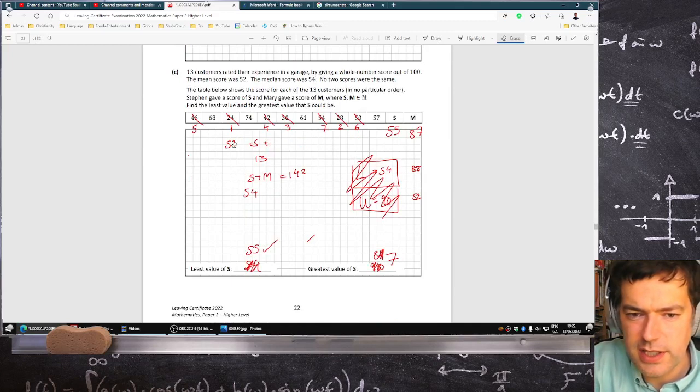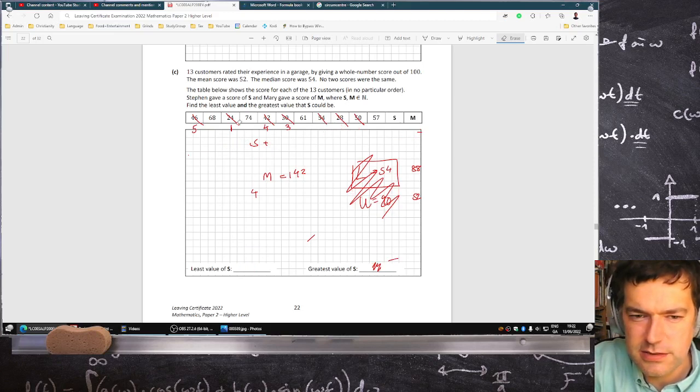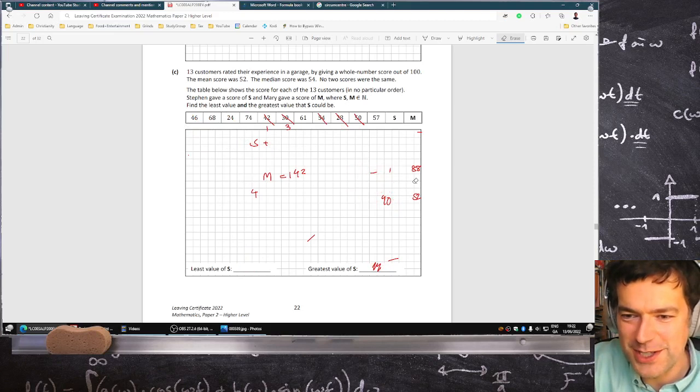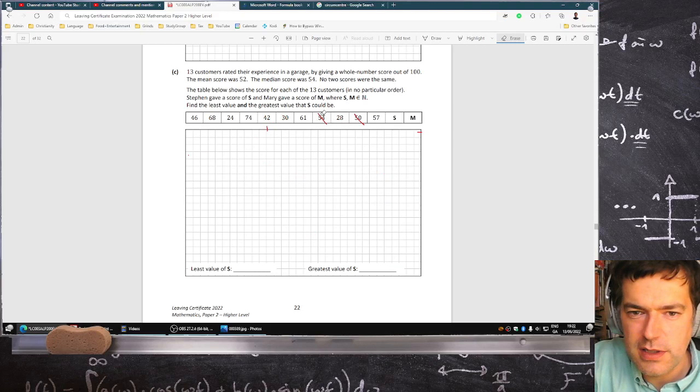So just to explain the logic and then try not to make a mistake. And if I do make a mistake, I'll cut the end of this video out and just post up a solution separately for part C. So if you were to count out 13, the middle is 7, which is 54.